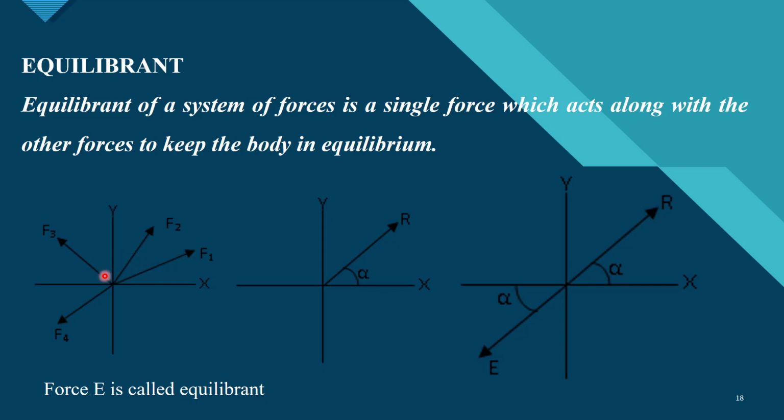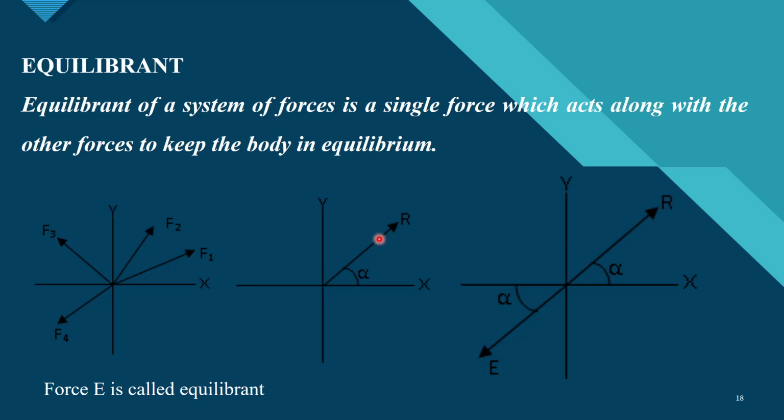So, that resultant force, let us assume that it is acting in the first quadrant, and that makes an angle of alpha. Now, according to Newton's second law of motion, we know that if the force is acting on a body, it tends to move in the direction of that force with some acceleration. So, the particle has a tendency to move in the direction of this resultant force.